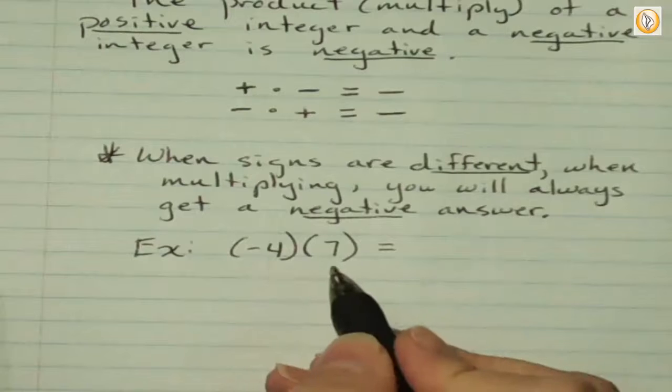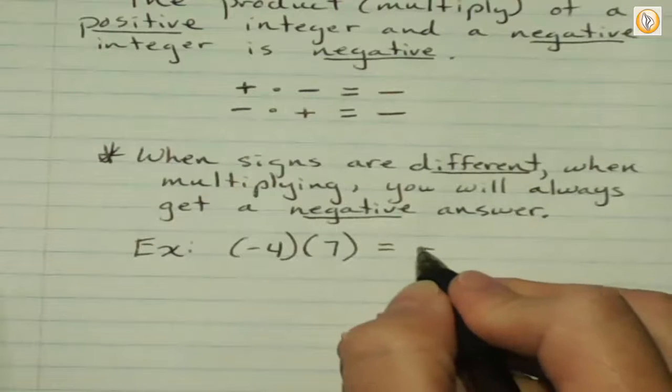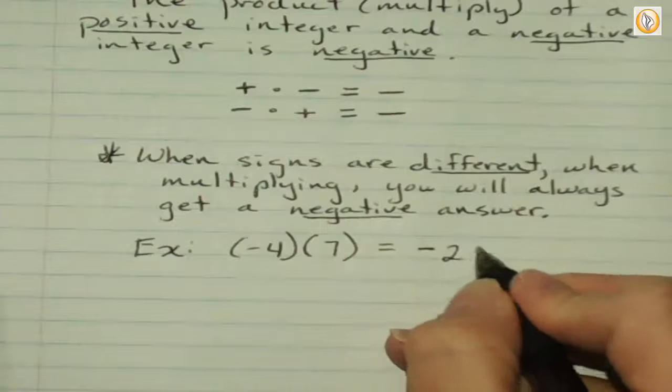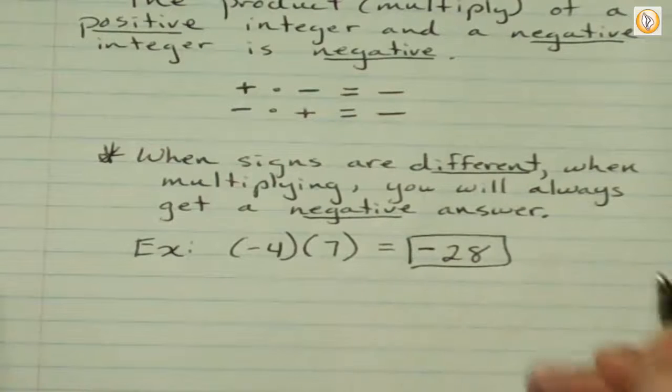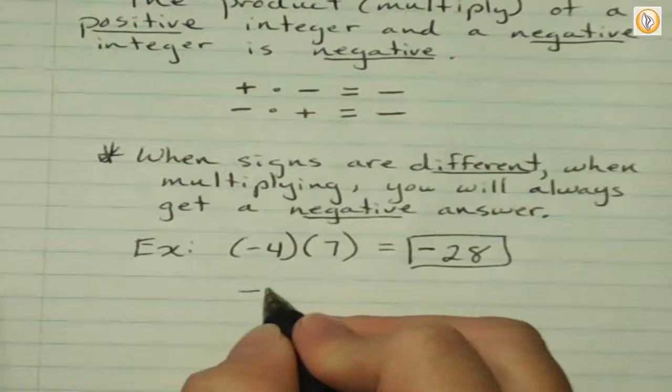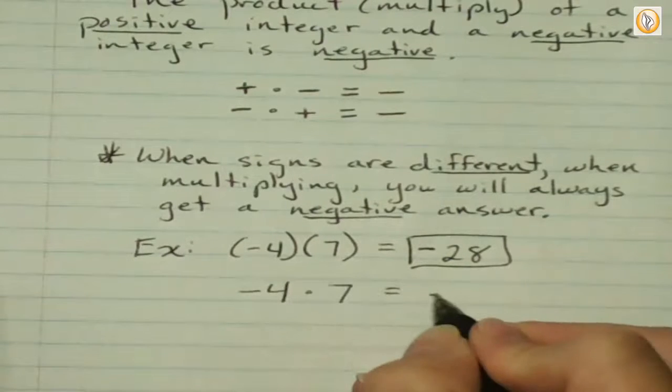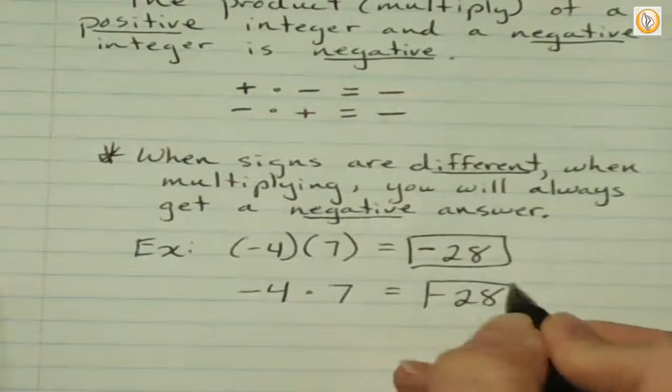So a negative times a positive, you're always going to get a negative. 4 times 7 is 28. We can also rewrite this as -4 times 7. That's going to be -28. Same thing.